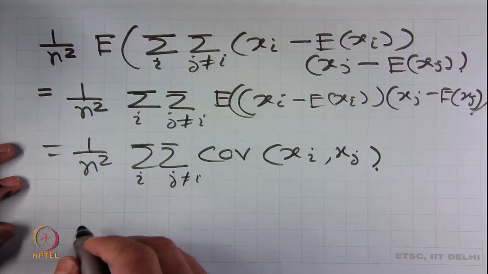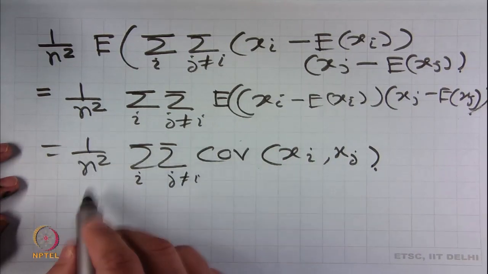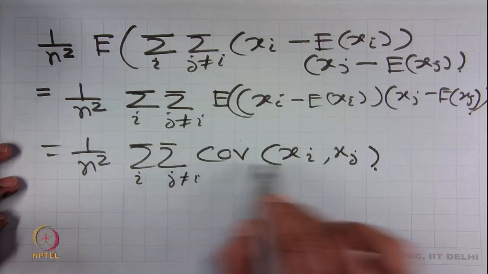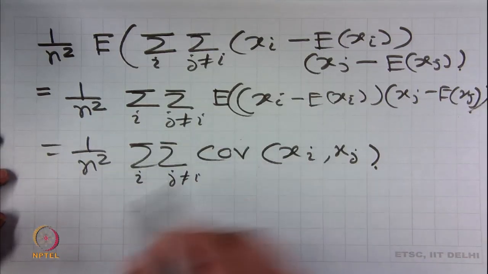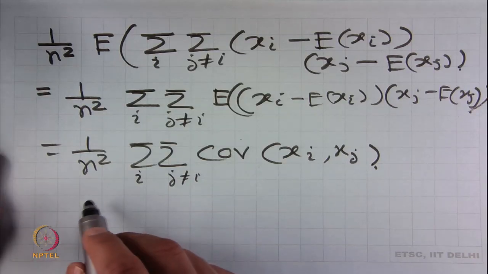So, this is giving us 1 upon n square into summation over xi xj, covariance of xi xj for all possible pairs i and j.